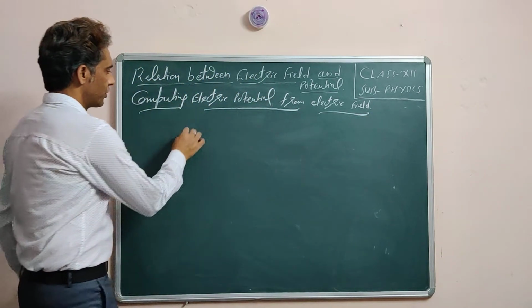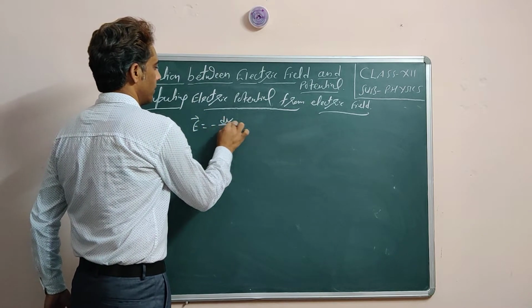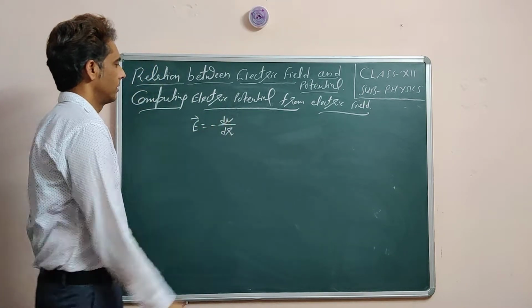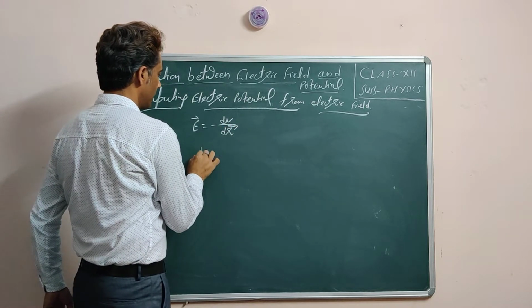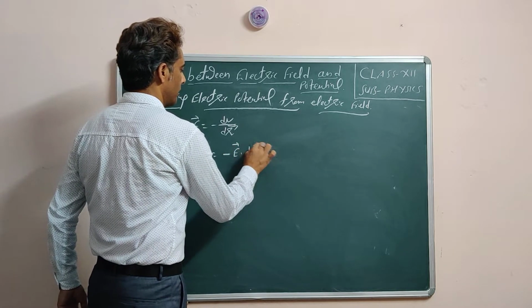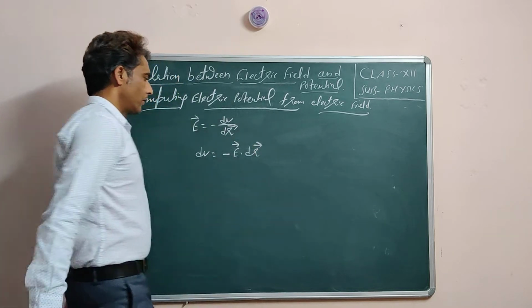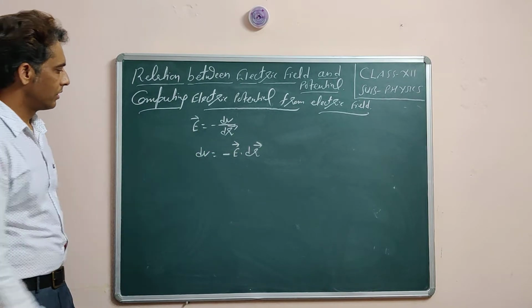So as we saw the relation E is equal to negative dV by dr. So from here we can write dV is equal to minus E dot dr. From here we can calculate potential by integrating this equation.